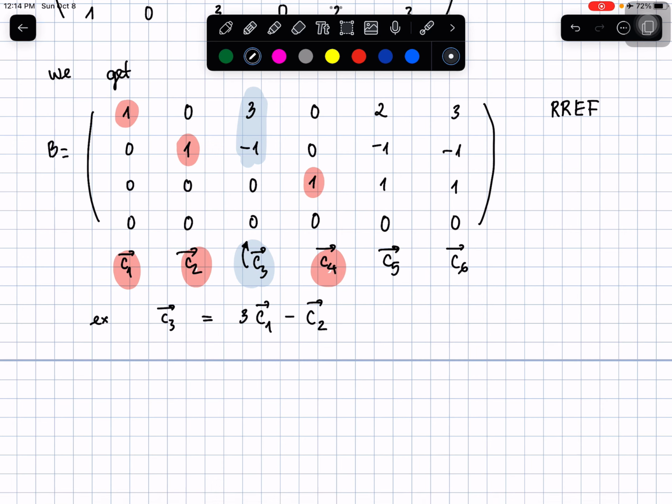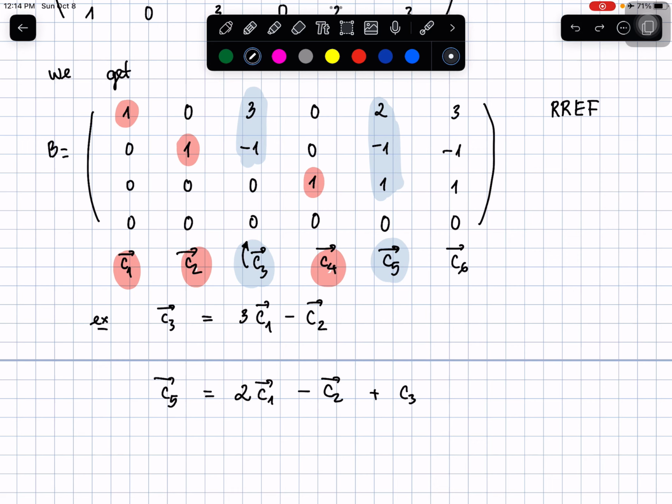Column 5 can also be easily written as a linear combination of columns 1, 2, and 4.